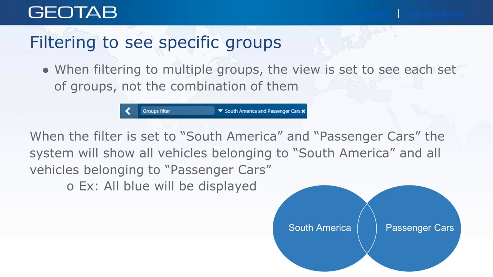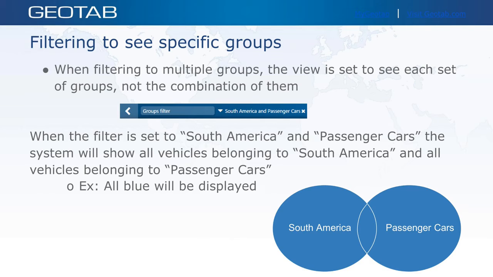They're hoping to have South America filtered down to just the vehicles that are passenger cars. Now, the way our system works, and we've got a little Venn diagram at the bottom there, is that it's going to show you a list of all the vehicles that are in South America, as well as all of the vehicles that are in passenger cars, even if they're not in South America.